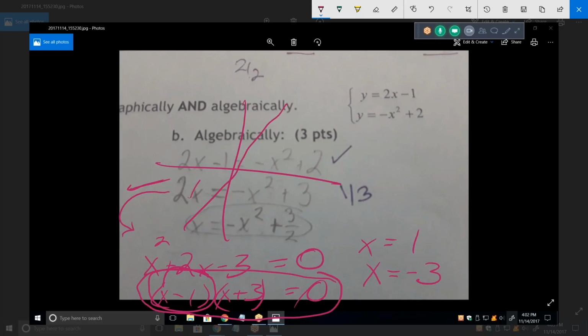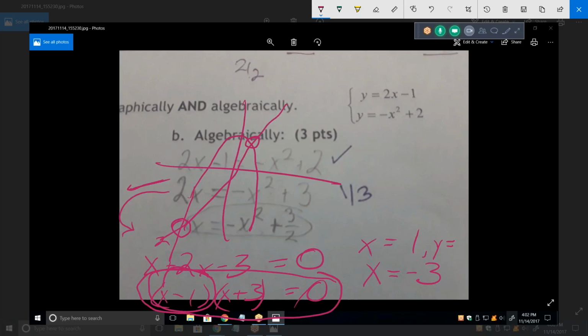The other line's going to look like that. Notice that there are two solutions. Each one of them has an x and a y. So when x is equal to 1, what is the y value equal to?